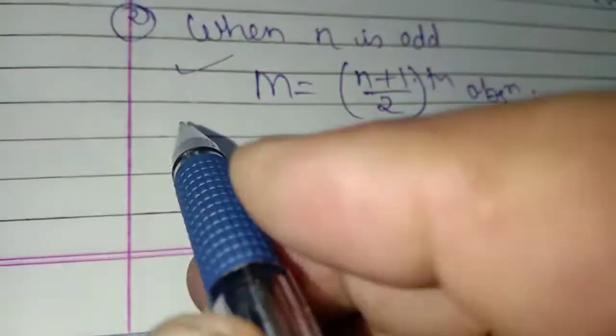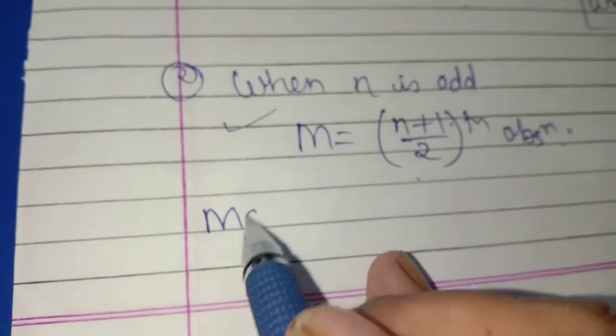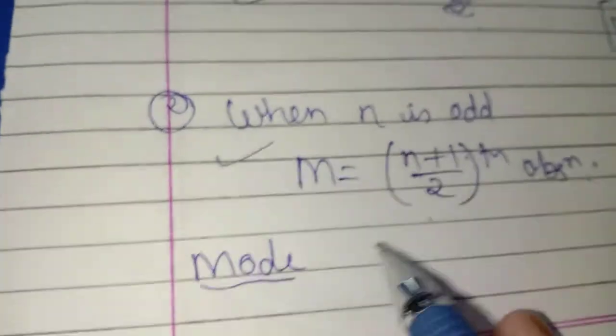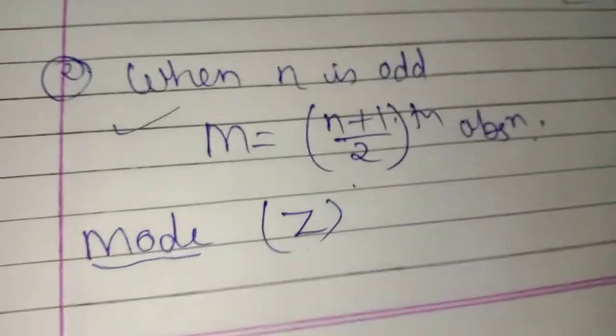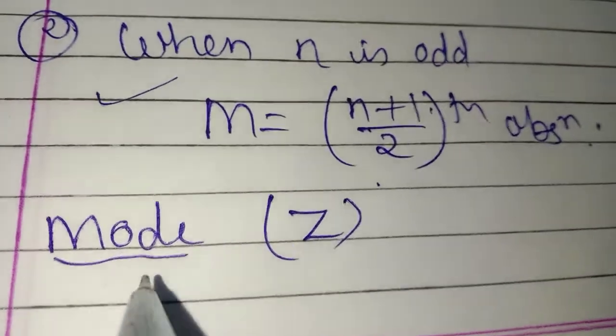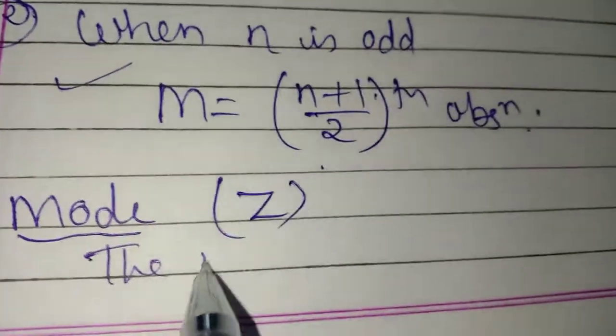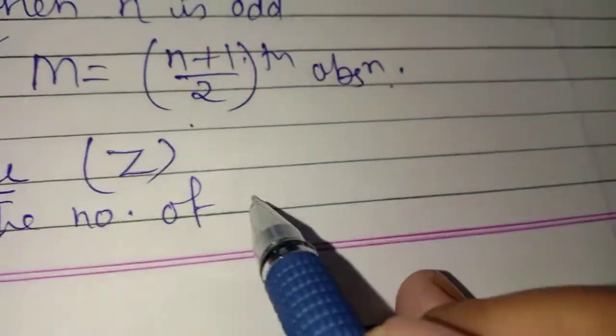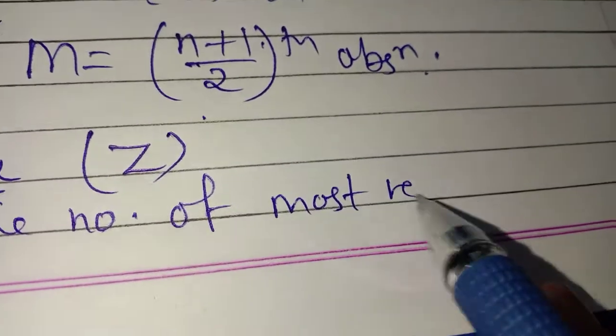Mode. The third one is represented by Z, and there is nothing to panic about with mode. Mode is the most repeated observation.